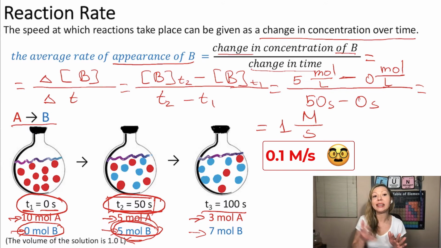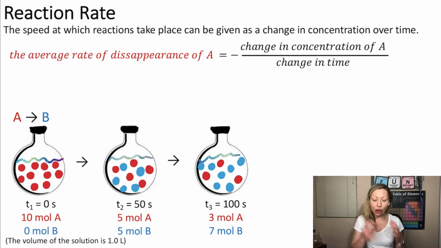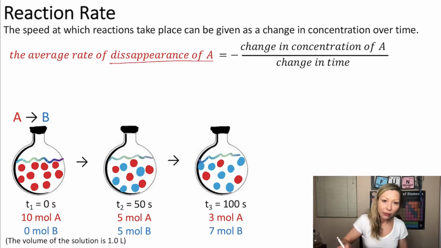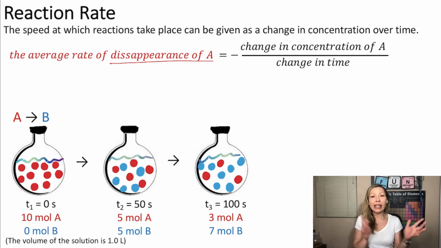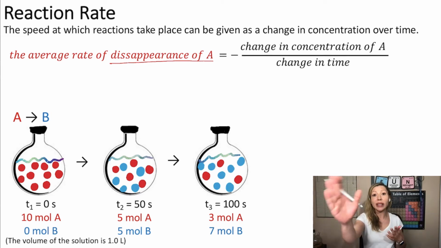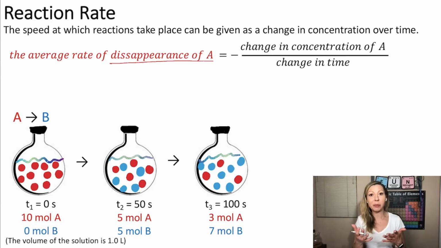What if we study the same reaction, but look at the average rate of disappearance of A? So first, let's think about the speed of a car. Can you go with negative speed? No, right? You are either staying in one spot and your speed equals zero, or you are going somewhere with some kind of average speed, which is going to be a positive value.